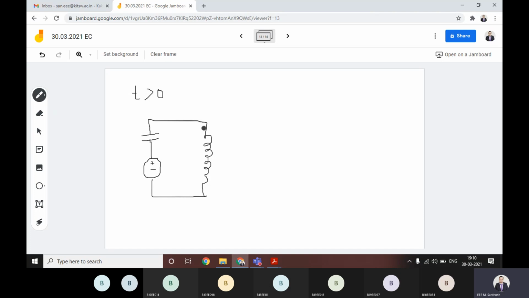An inductor is connected here, and the resistor we have here. This resistor value is 10 ohm.